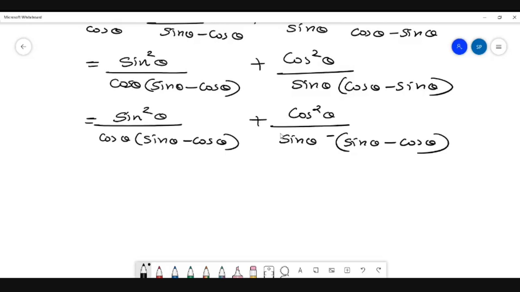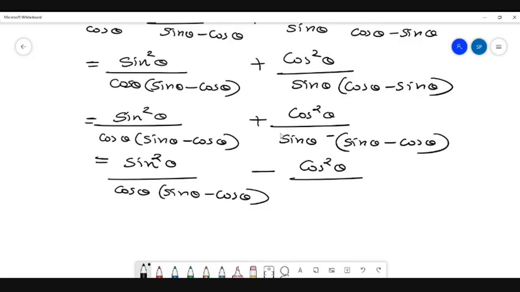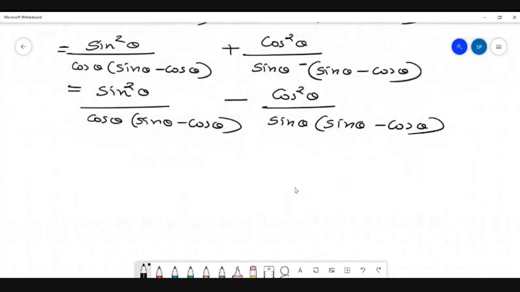That is, the expression can be written as sin square theta by cos theta into sin theta minus cos theta, minus cos square theta by sin theta into sin theta minus cos theta. Now we do cross multiplication again.